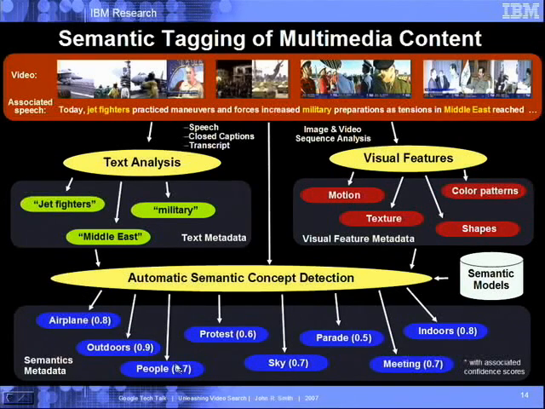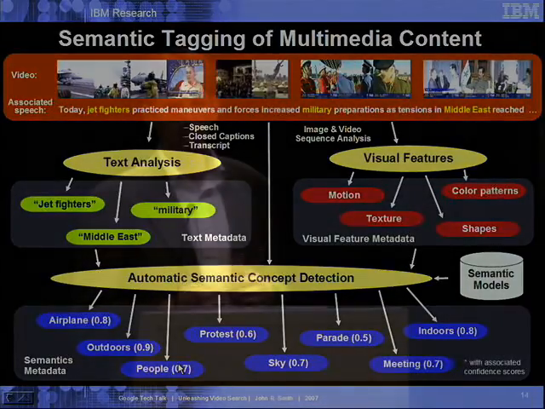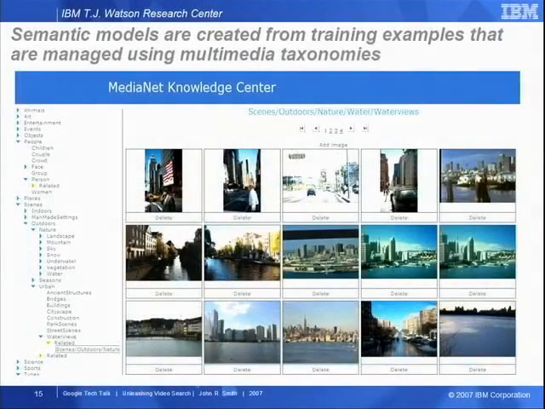And typically there are scores generated for these tags, which are some indication of the confidence level that the computer has when it assigns that tag. And they can be very useful later for searching when you want to rank a result or fusing together and so on.